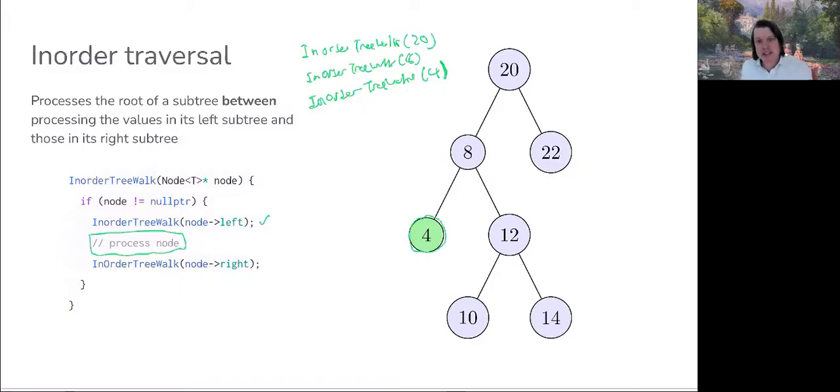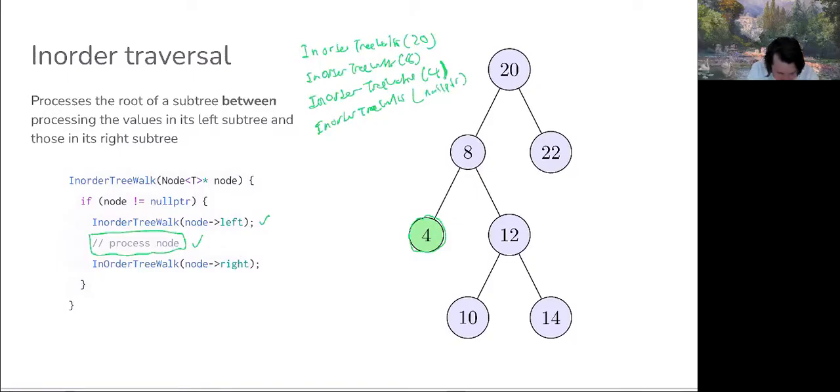After we've processed that node, and this could have been just printing it out to standard output, or doing whatever you would have liked to have done with it, we'll then call in-order tree walk, whatever the name of the function is, on the null pointer again.